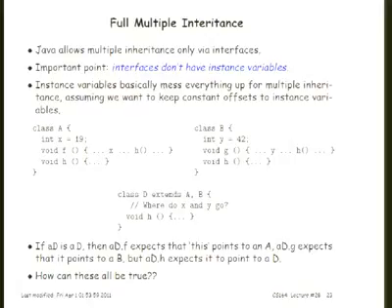So here's the problem. I have these two classes, A and B, and I have a third class that extends both of them. I can't write this in Java, but since I was using Java before, I'll continue to use it here.